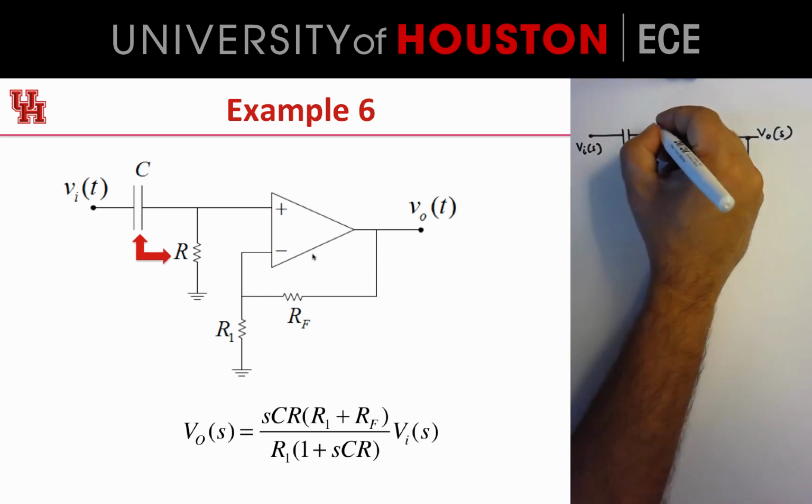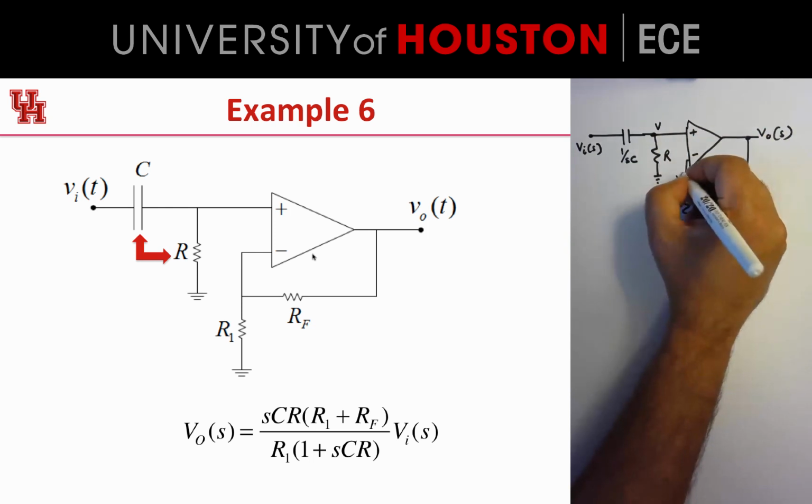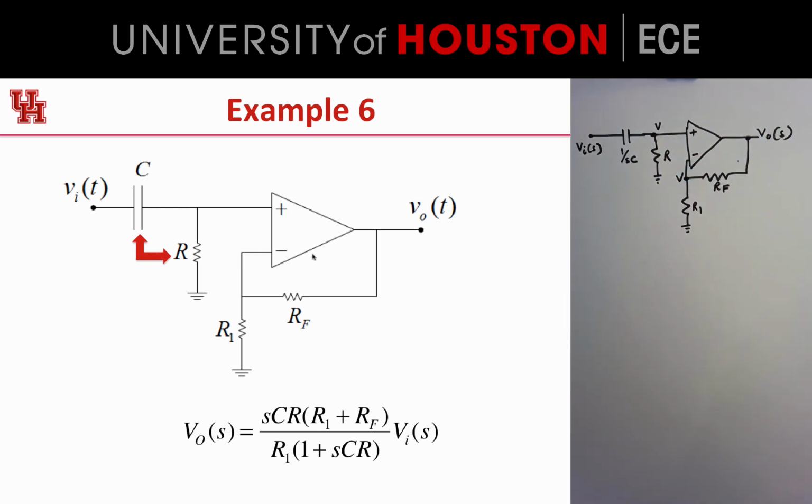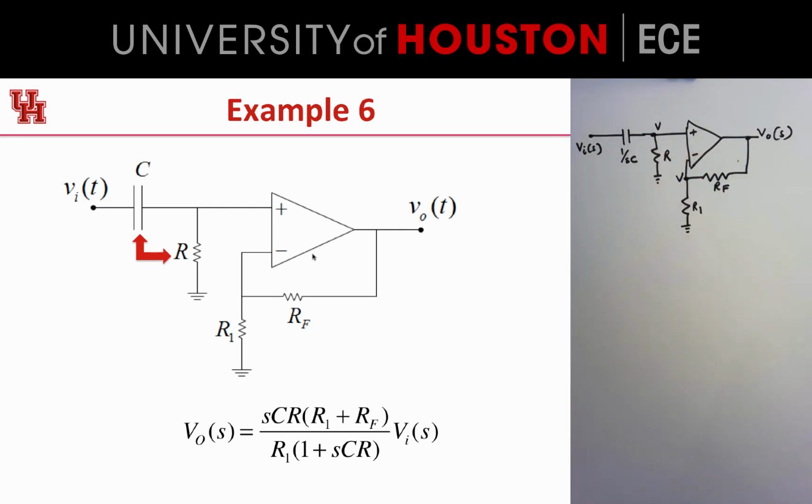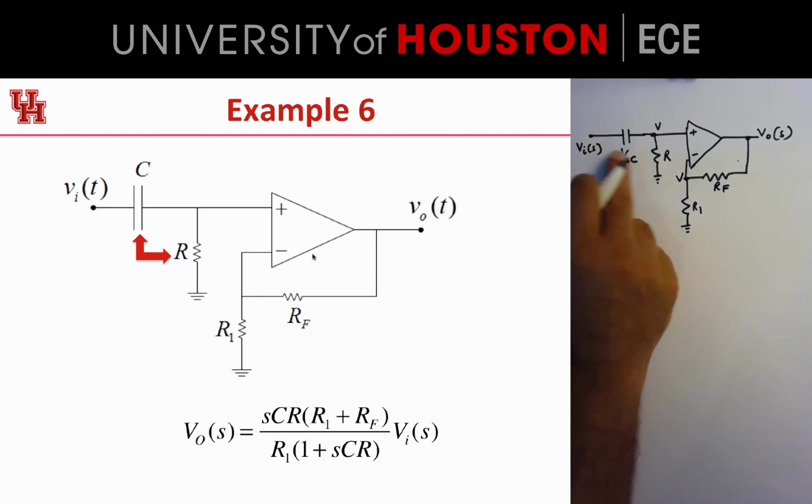So if this voltage is V, then this is the same as this voltage V. So I'm just going to equate this guy to this guy, because they're the same. And again, this is a voltage divider.